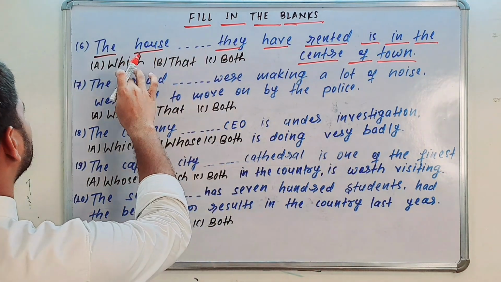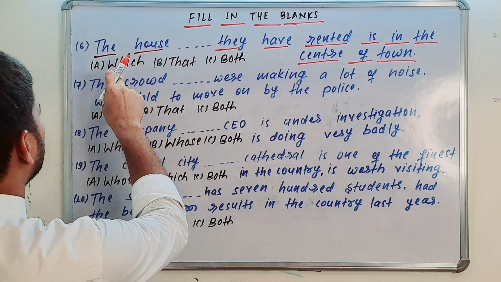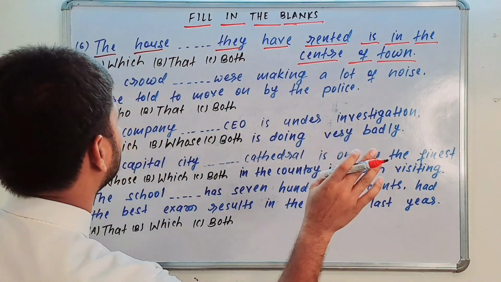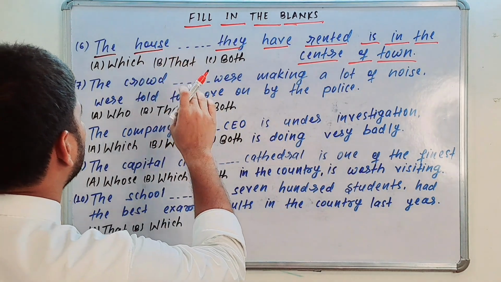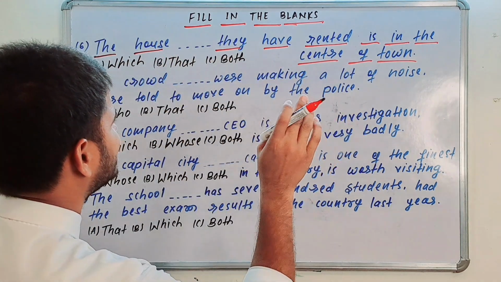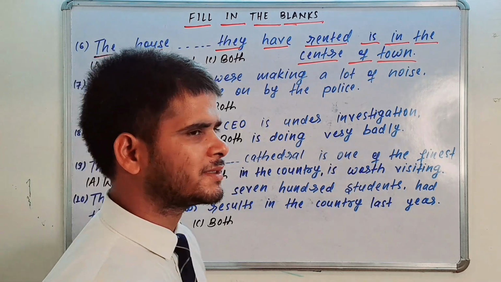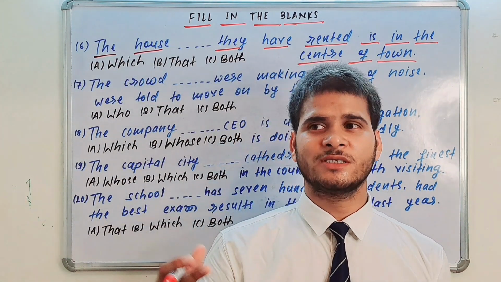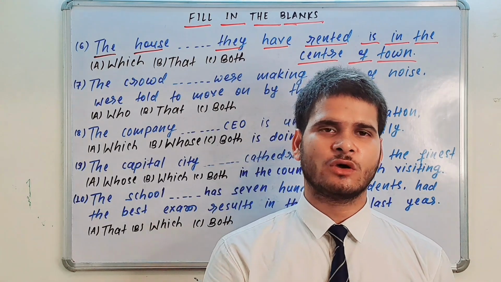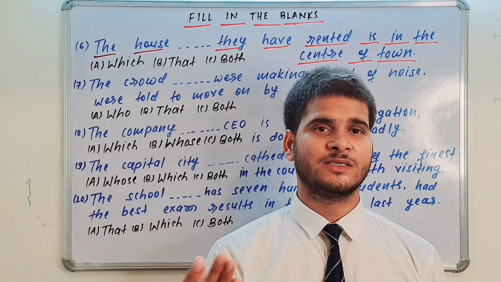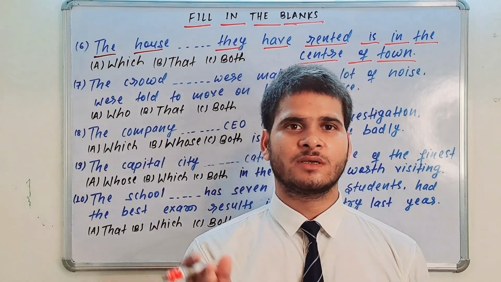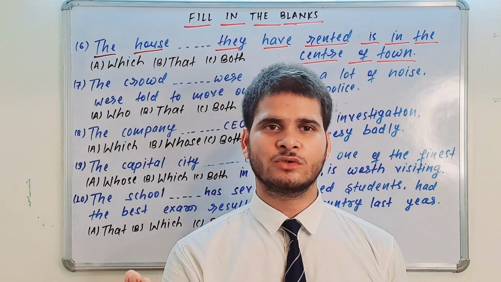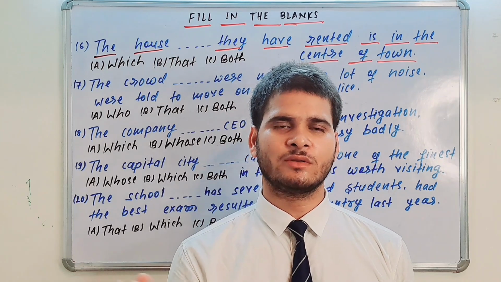And for question 6, option A: the house which they have rented is in the center of town. And option B: the house that they have rented is in the center of town. And I have discussed many times about which and that, the use of relative pronouns. Basically, that is used for persons, animals or things.